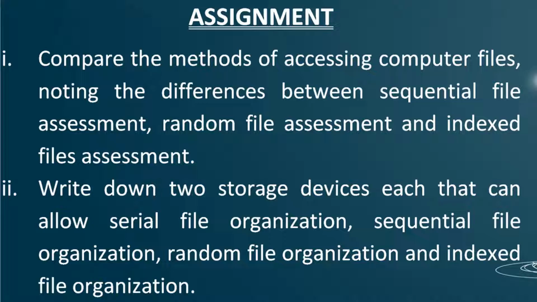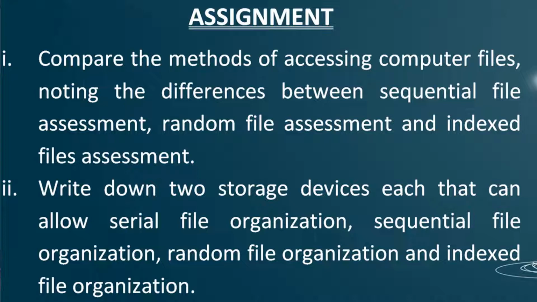Now also, you write down the storage devices that can allow serial file organization, sequential file organization, random file organization, and index file organization. Write 2 storage devices that can allow each kind of file organization.